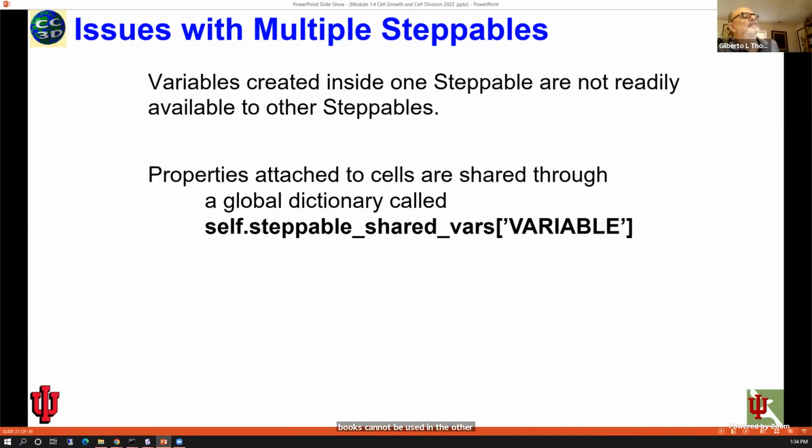But you can share these variables with this command inside one steppable. The ones you want to share with another steppable, you include this line in your first steppable. Okay? This can be used. It's very, very handy, because otherwise you have to define things many times.